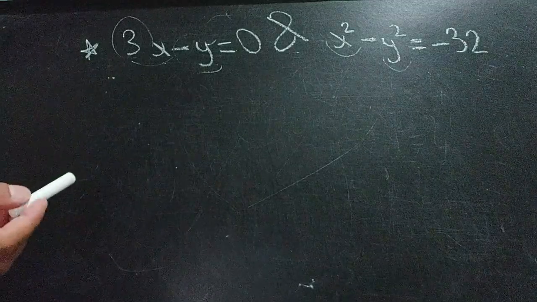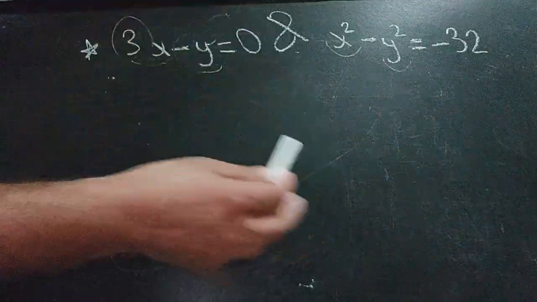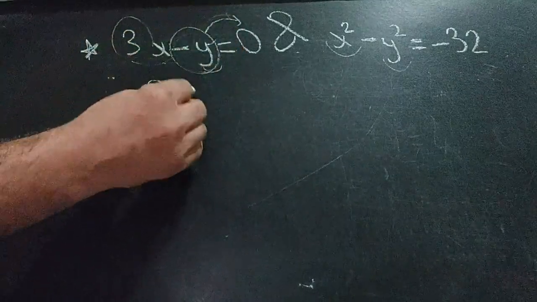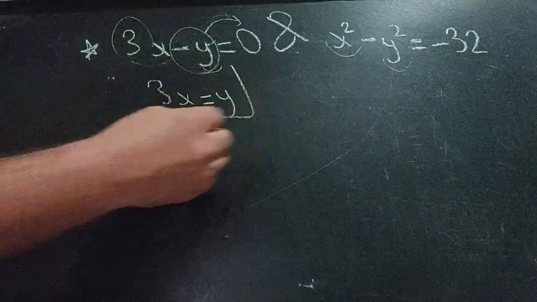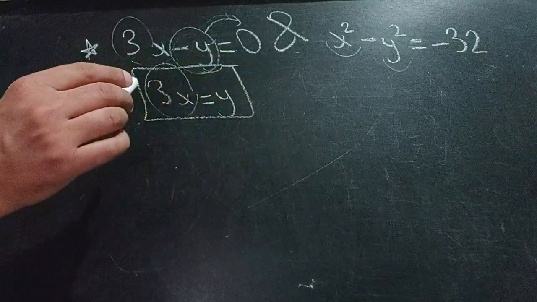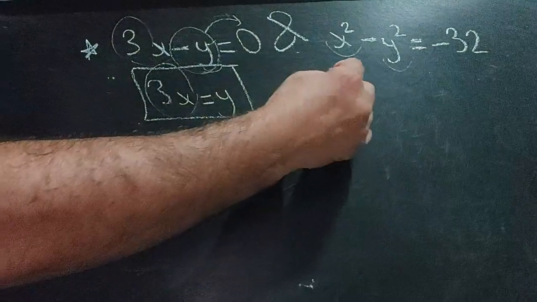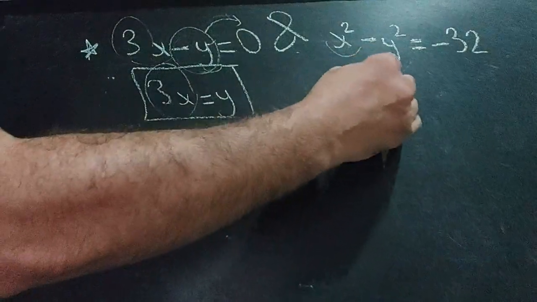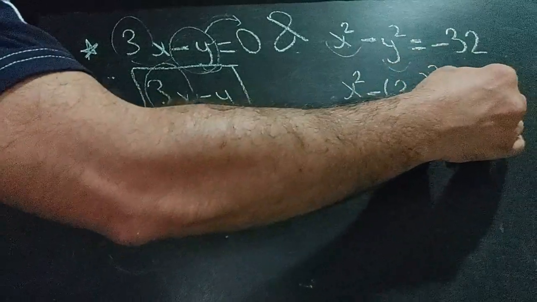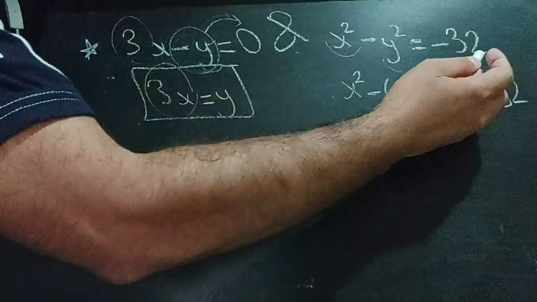If you don't want to deal with rational numbers and get longer operations, just take this one to the other side, 3x equals y, and write 3x instead of y. That will give me x squared minus 3x squared equals negative 32.